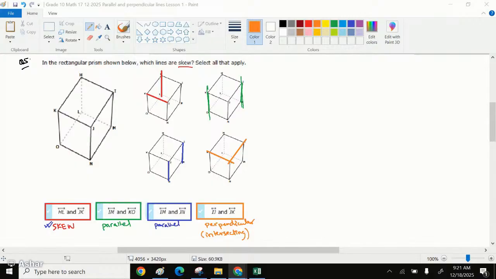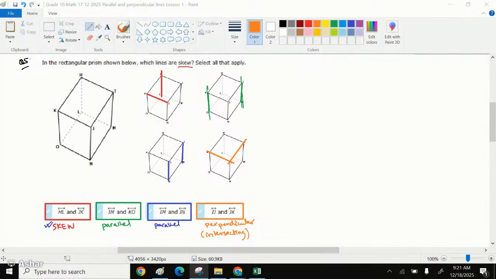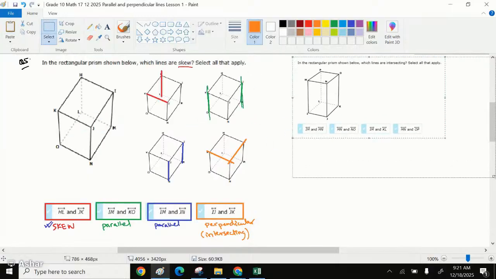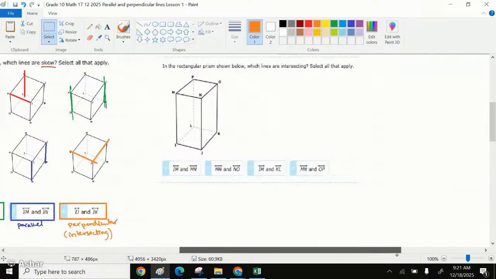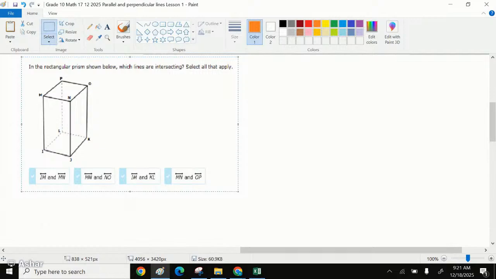What we do is, let's try the question again. The new question is, let's copy the question, and this is question number 6. Okay.